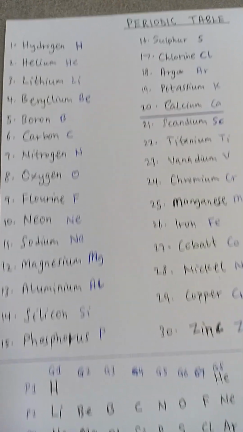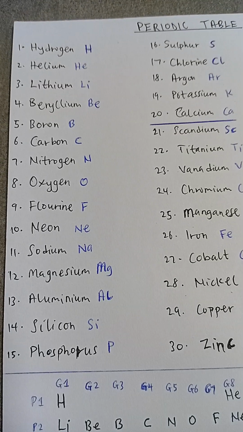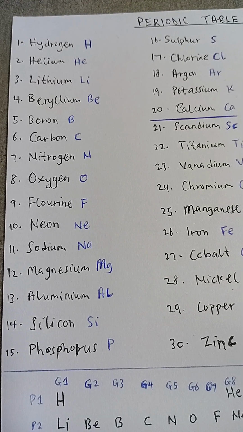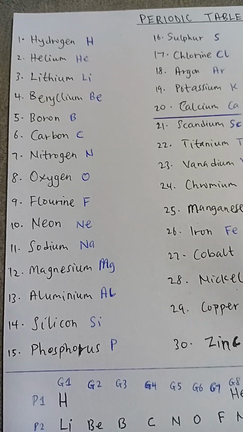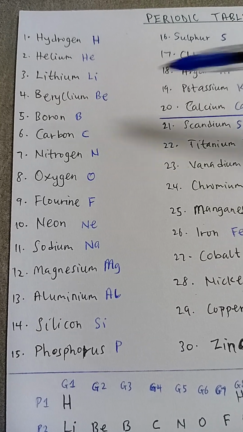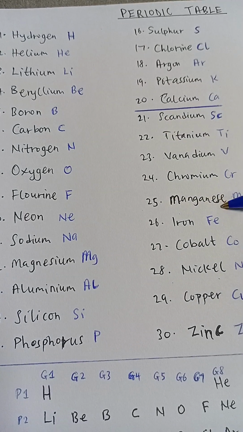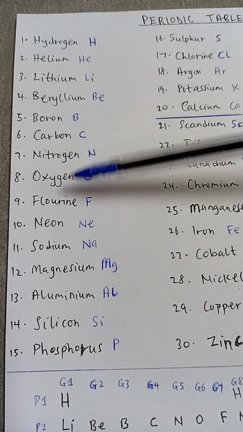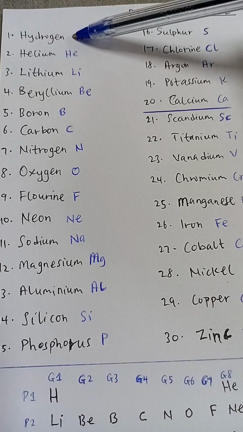So let's familiarize ourselves with the first 30 elements, and I'll stress on the first 20. So these are the first 30 elements arranged in order. Hydrogen is the first element.